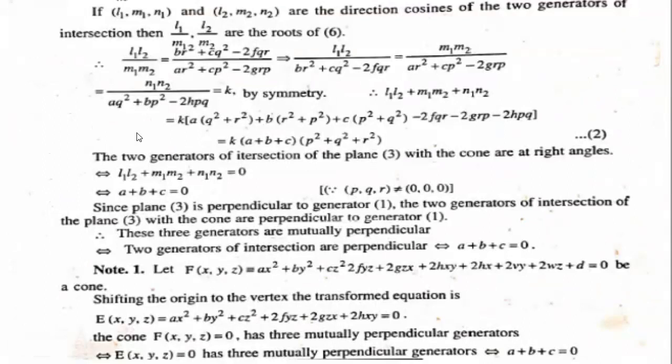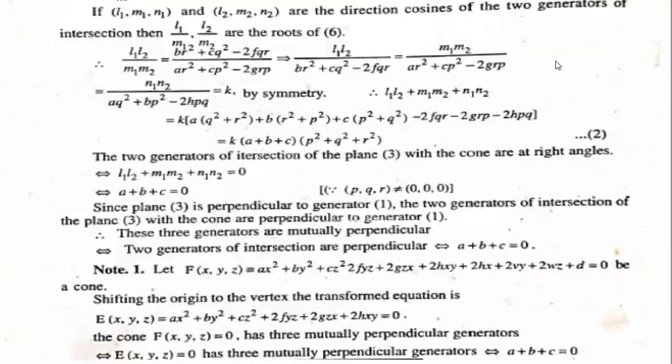So let us say L1, M1, N1 and L2, M2, N2 are the DRs of these two generators. We are getting that by the intersection of this.